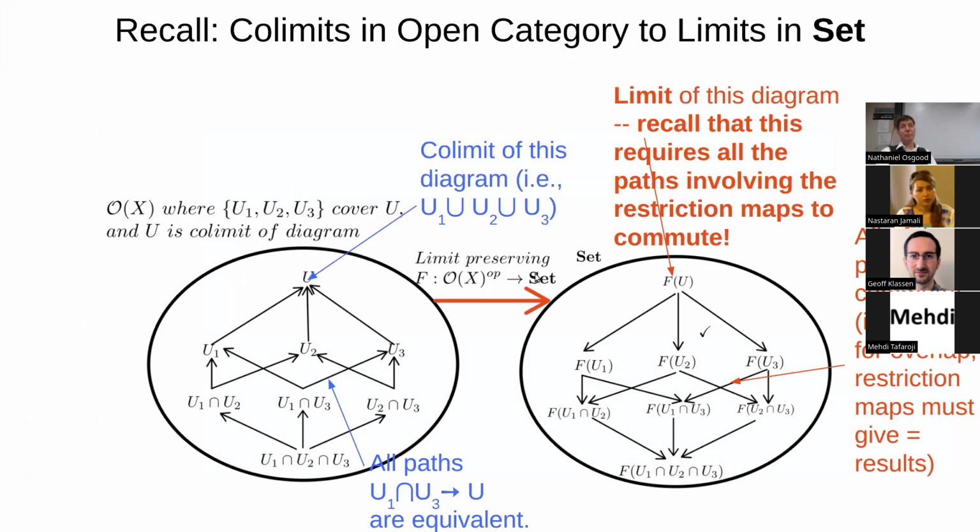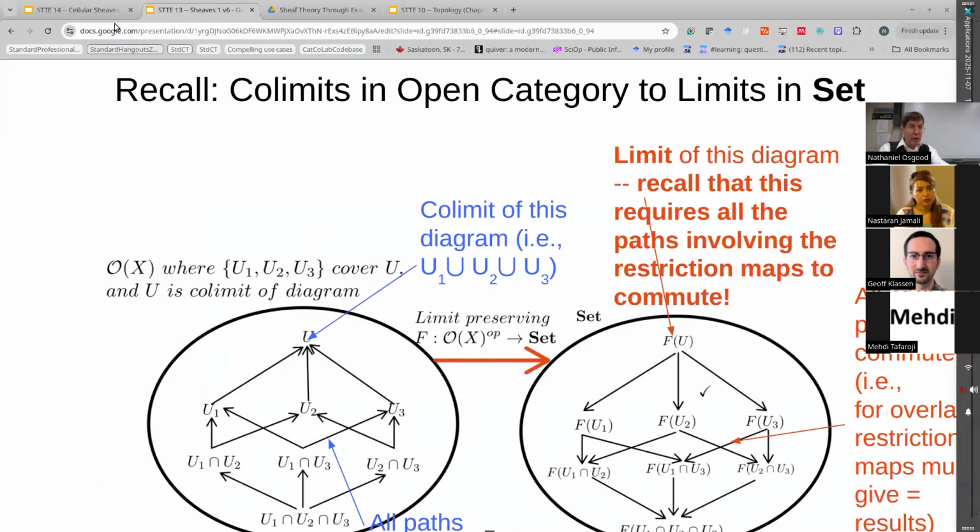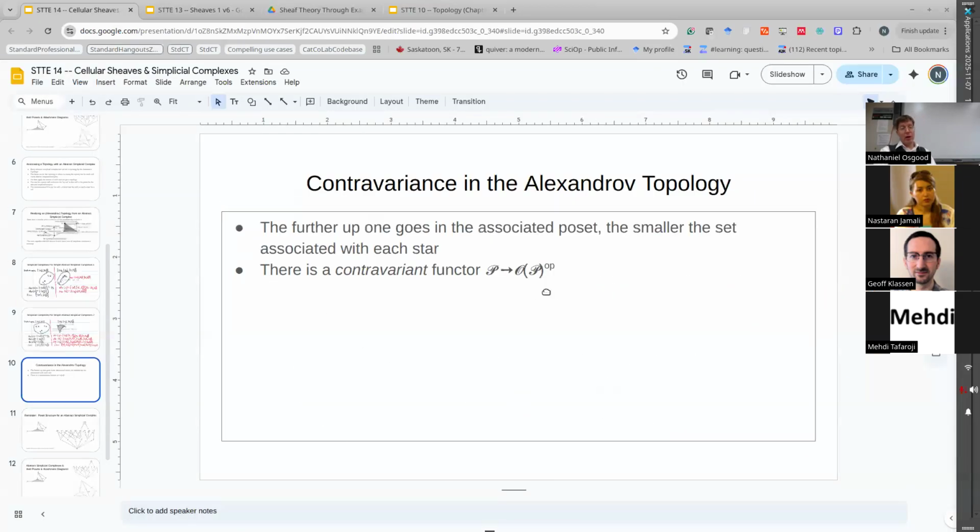That's what a sheaf looked like. It was a limit preserving functor. And what I want to highlight is it's from this op, right? And what I'm telling you here is that we already have this map op here.